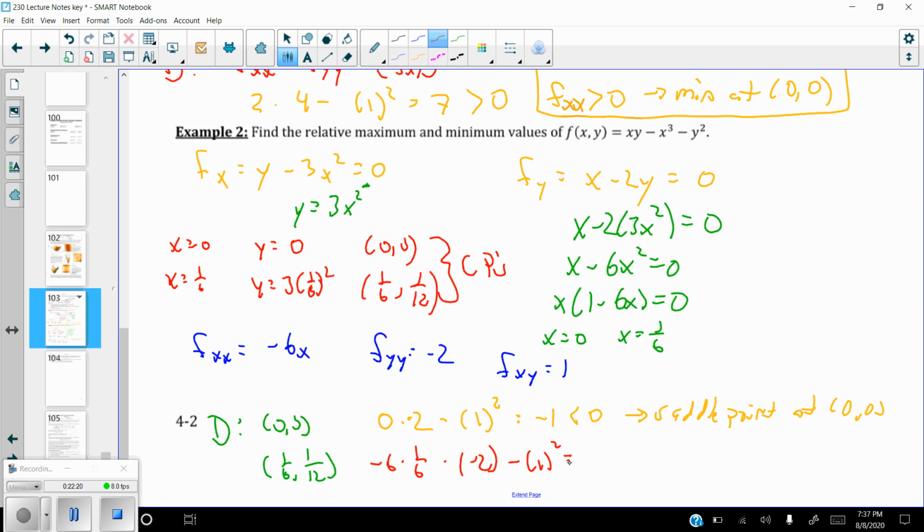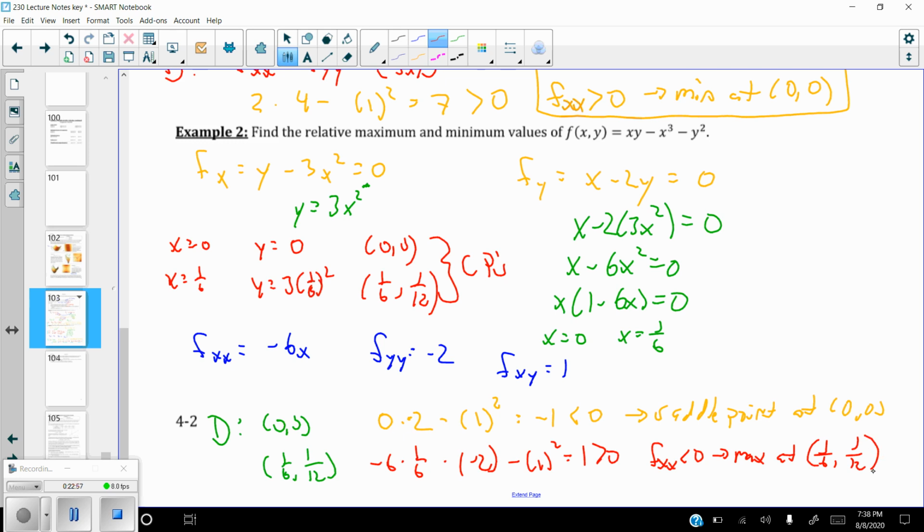So let's see, negative 6 times 1/6 is going to be negative 1, times negative 2 is positive 2, minus 1 is 1, and that's greater than 0. So we do have a maximum in there. We just have to check the sign of fxx. Well, fxx, in this case, at 1/6 is negative. And because it's negative, that means it's concave down, which means that we have a relative maximum at (1/6, 1/12).